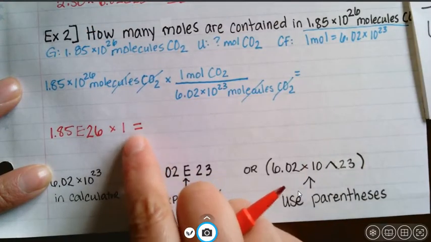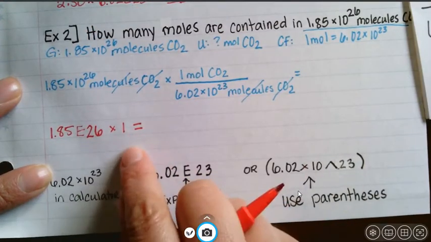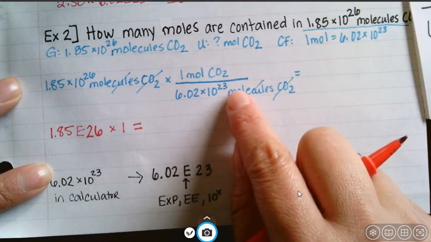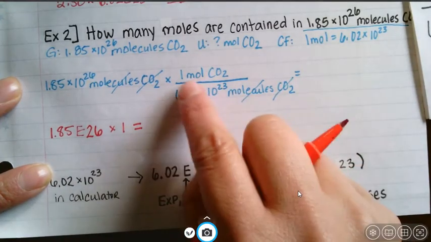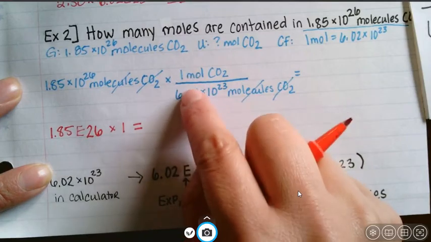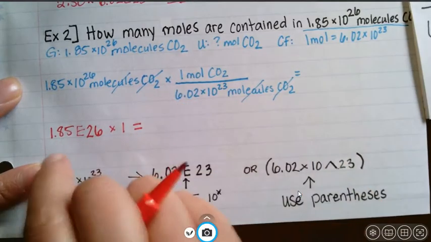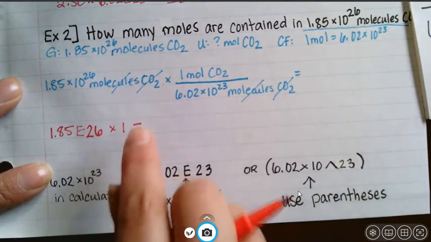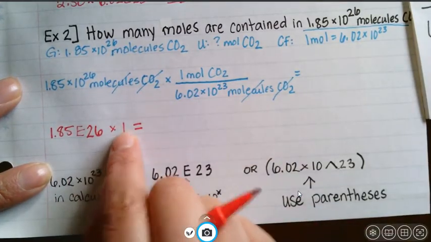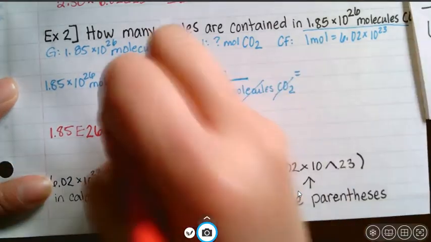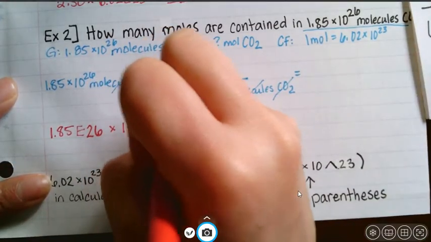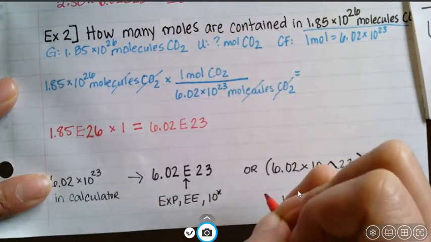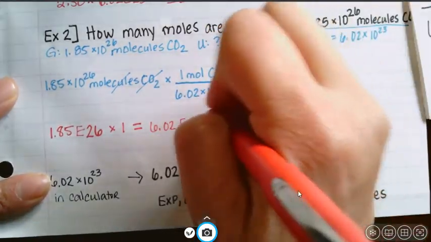Hit enter, don't just leave it. And then divide by the number on the bottom. If you don't hit enter, you might divide by this or multiply by this fraction, and that'll make your number kind of funky. So just make sure you hit enter. It's not so much a big deal with the 1, but here we go. 6.02 e to the 23, and hit enter again.